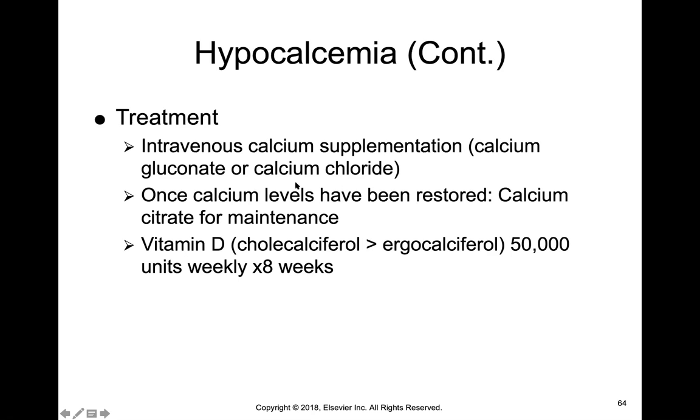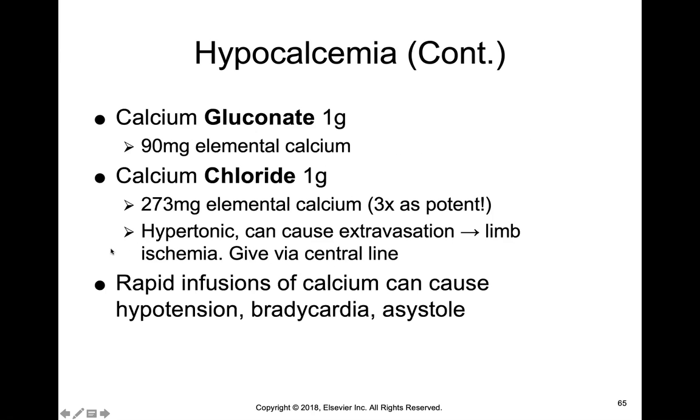So to treat hypocalcemia, we're looking at intravenous calcium supplementation. That's either going to be calcium gluconate or calcium chloride. Once we've stabilized calcium levels, we'll go with calcium citrate for maintenance. The pharmacy does carry gluconate and chloride, a couple of pearls.